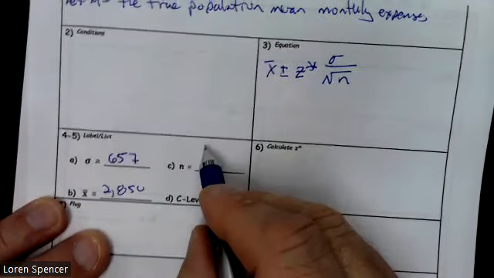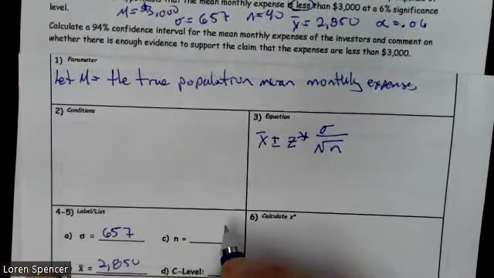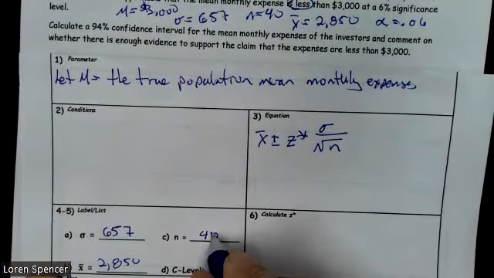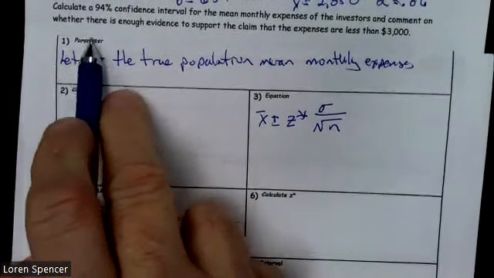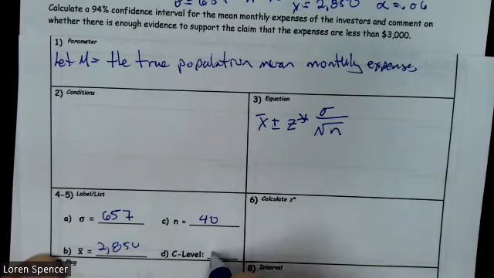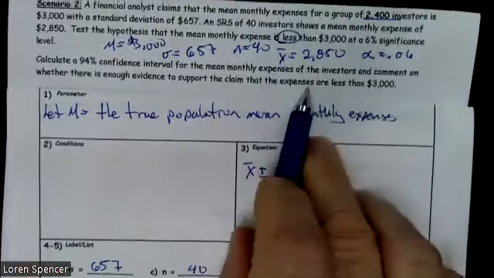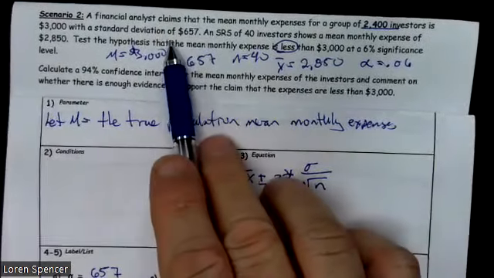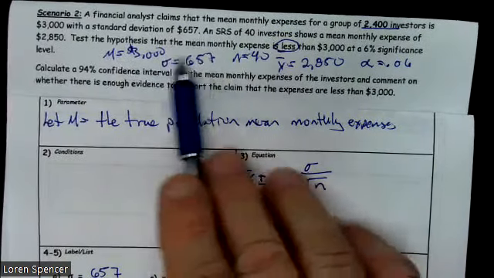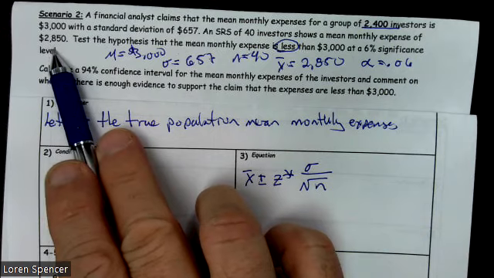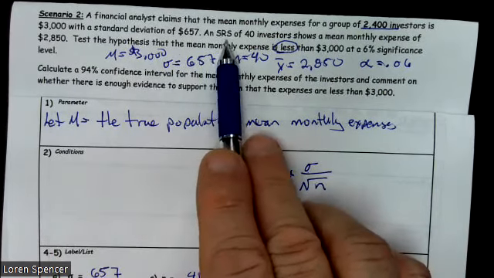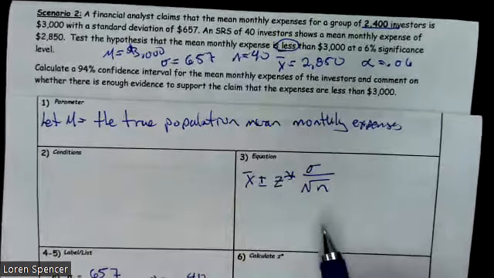Our n was a sample of size 40, and they wanted us to calculate a 94% confidence level, so this is 0.94. I got all of that information from up here: there's my standard deviation, 2850 was my x bar, and there's my simple random sample of size 40.